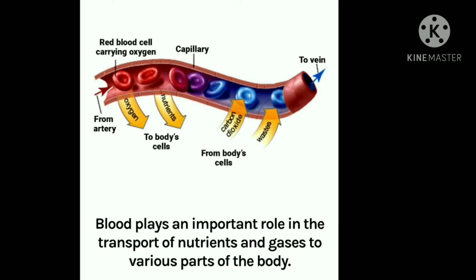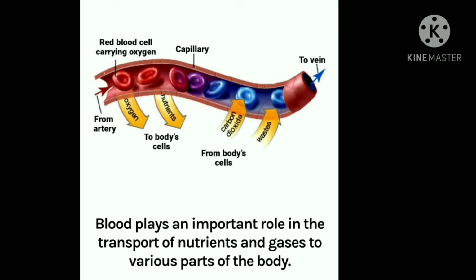In this cellular respiration, whatever carbon dioxide and waste material is created gets absorbed in the blood, which makes the red blood cells, because of the deoxygenation, or the concentration of carbon dioxide, turn to a bluish purple color.